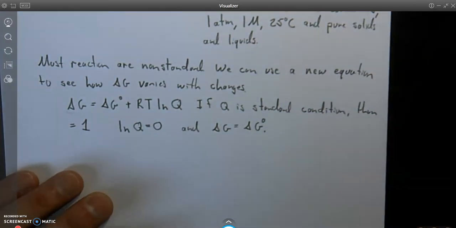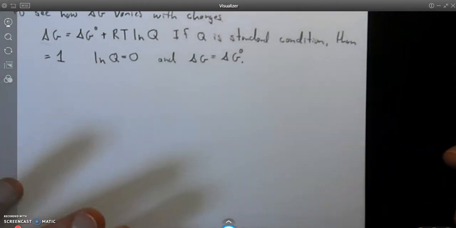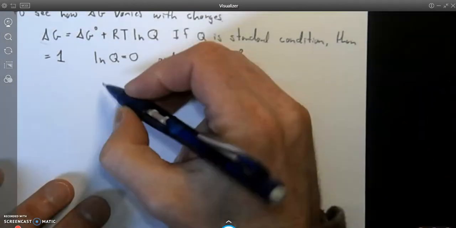So if everything's in its standard state, easy enough. Okay, let's use that same equation we've been using.